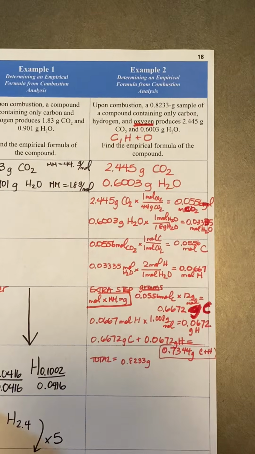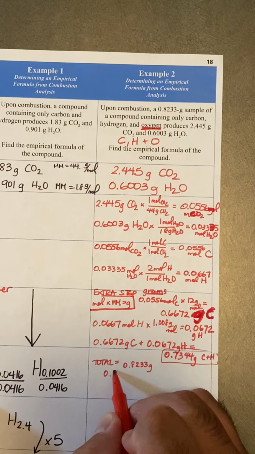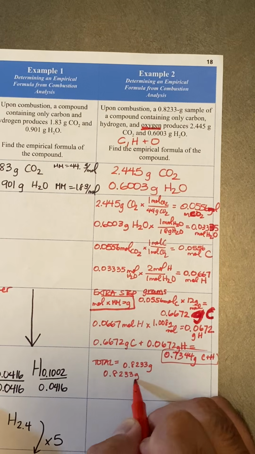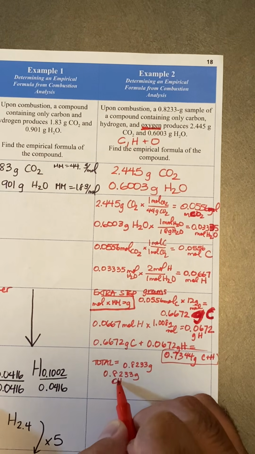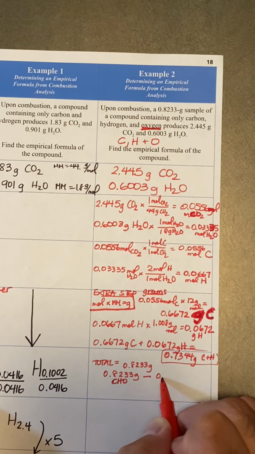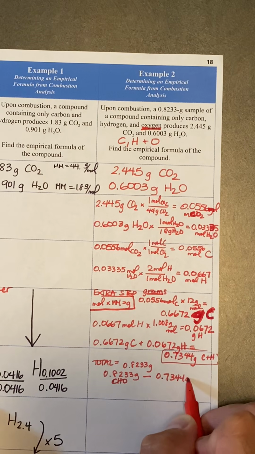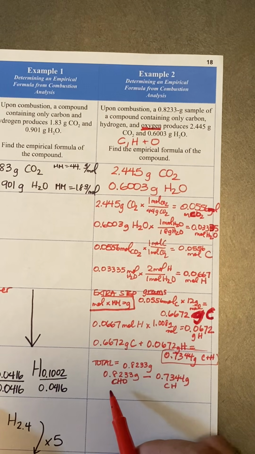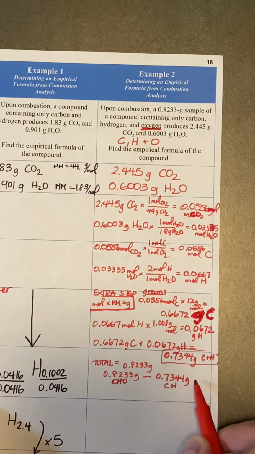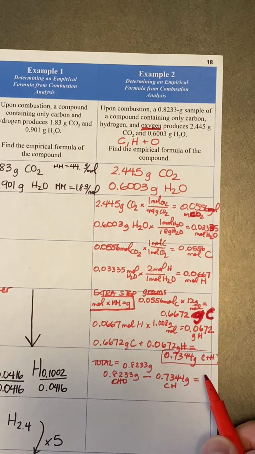So let's do this math now. I'm going to take 0.8233 grams, which is the mass of the compound that has C, H, and O, and I'm going to subtract from it 0.7344 grams. That's just the mass of CH. If I subtract CH from CHO, I'll get my mass of O in the compound.